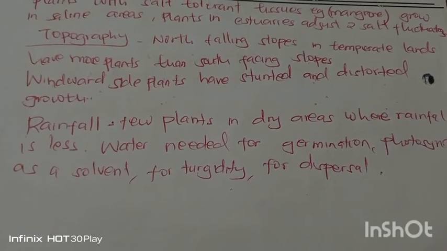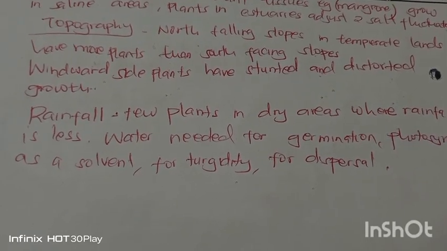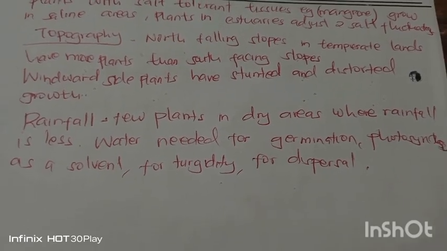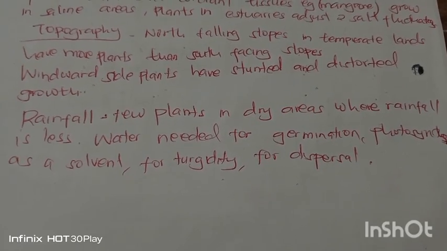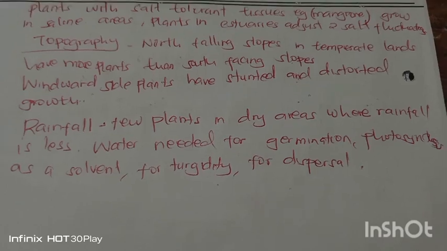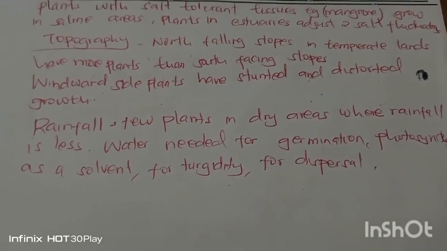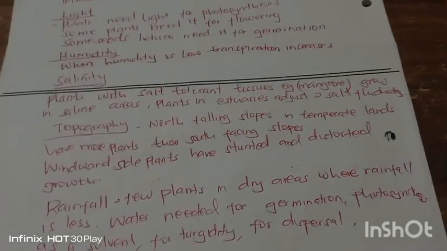Windward side plants, they have stunted growth and distorted growth. Then for rainfall, few plants in dry areas where rainfall is less. So water is needed for germination, for photosynthesis, and as a solvent for turgidity, and also for dispersal.